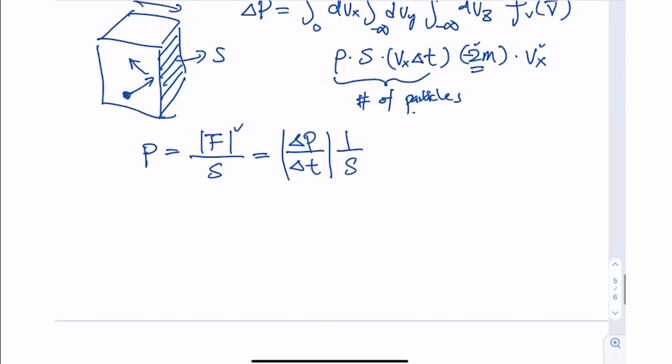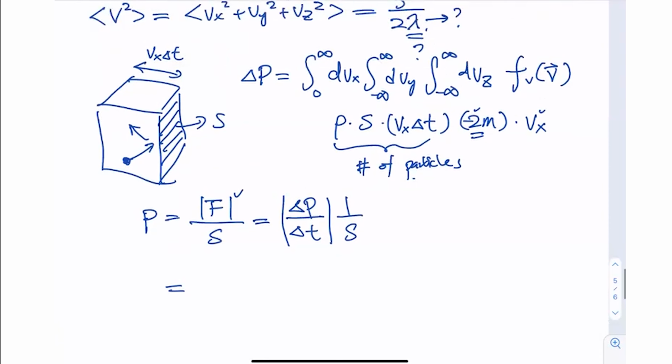And we can see that here we have Vx squared, and this f of v is just the distribution function. So we know that what we are actually evaluating is the expectation value of Vx squared. And we already derived that that's basically 1/2 lambda.